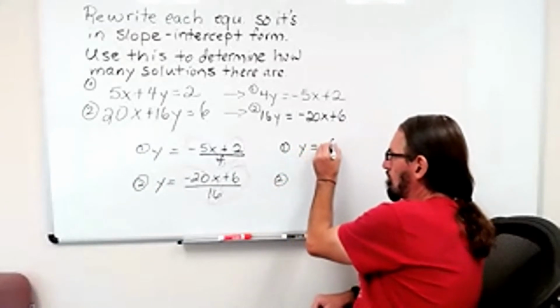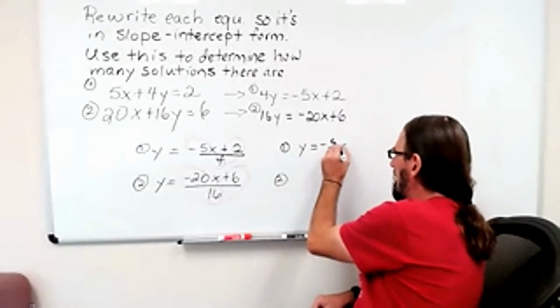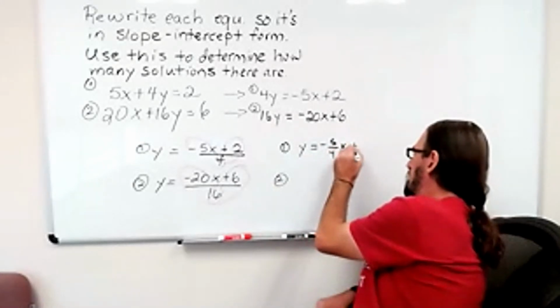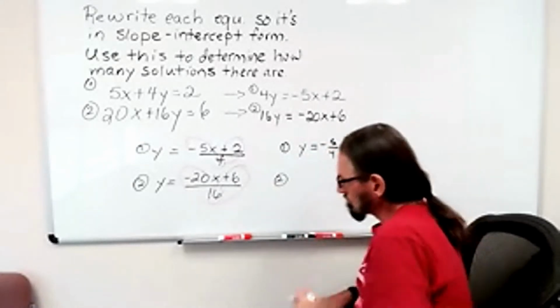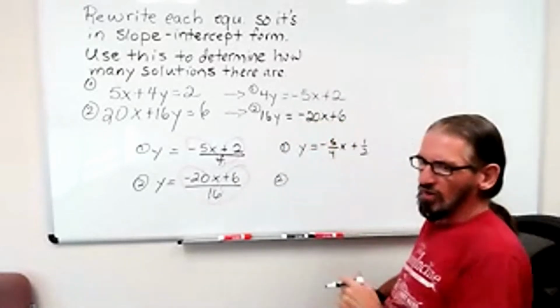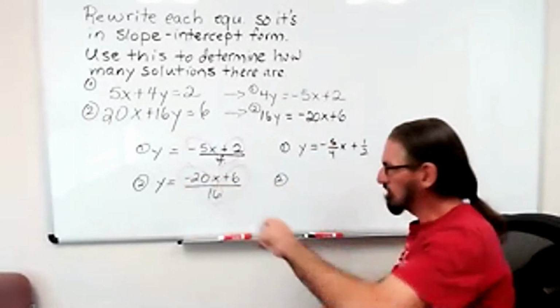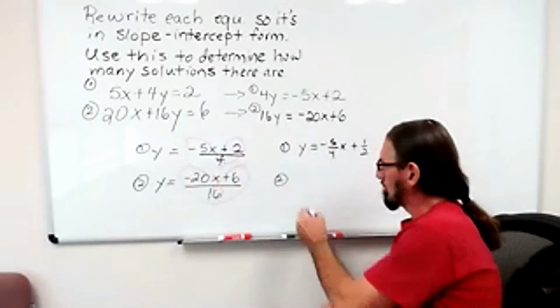So the first one we get y equals negative 5/4 x plus 2 over 4, which reduces to plus 1/2. On the second one, dividing negative 20 by 16, we can reduce that to negative 5/4.